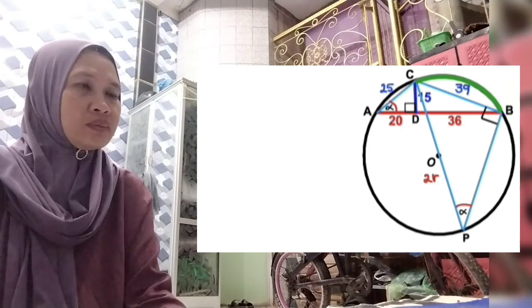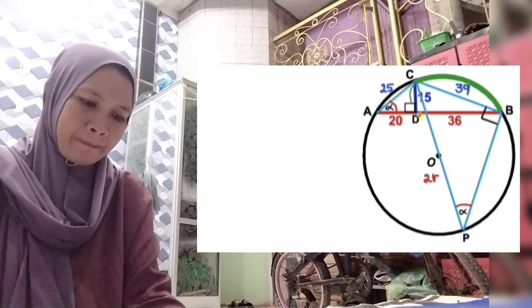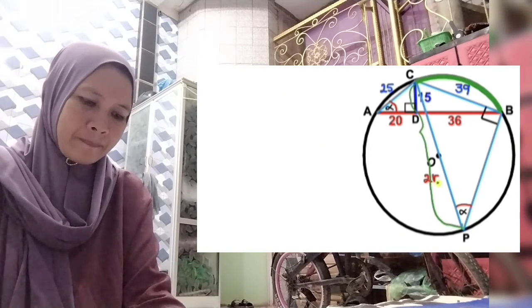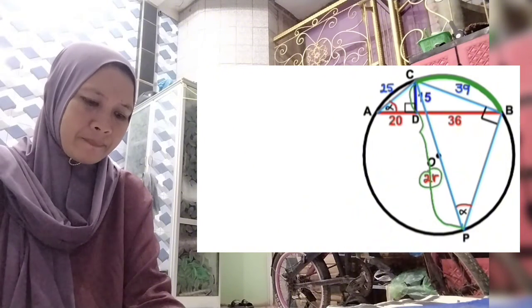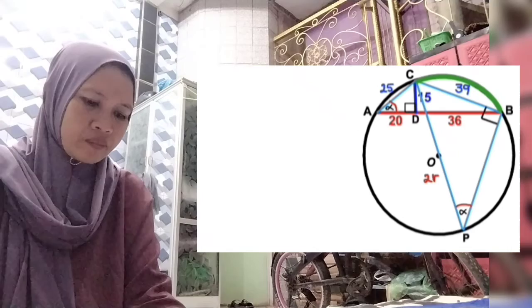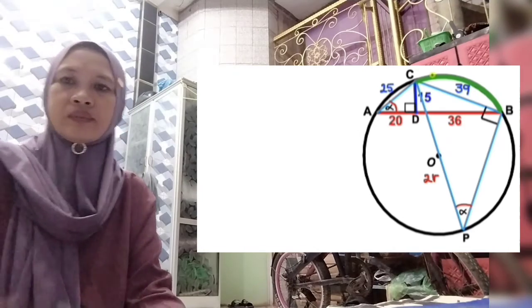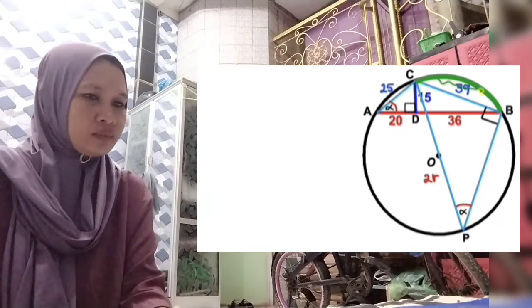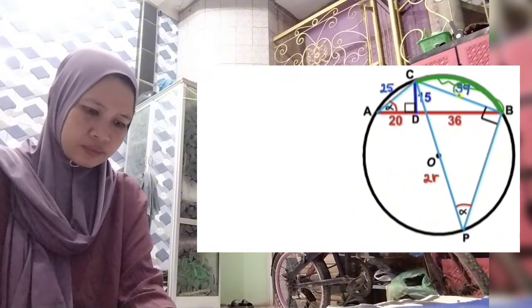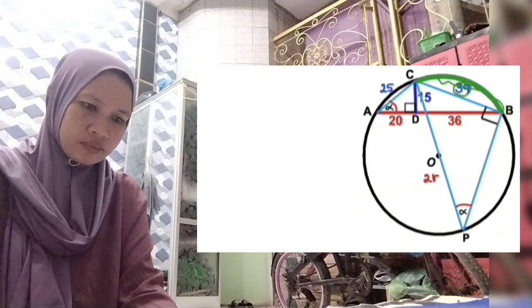And now let's focus on CP. This is our diameter, and we know our diameter is 2 times R. So I'm going to replace that one with 2 times R. And finally, this BC segment is our chord BC, which is 39 units. So I'm going to replace that one with 39 over here.